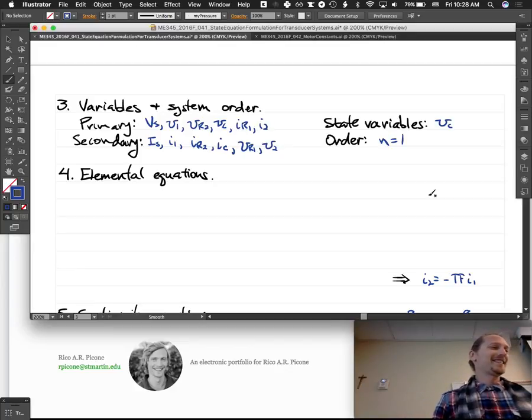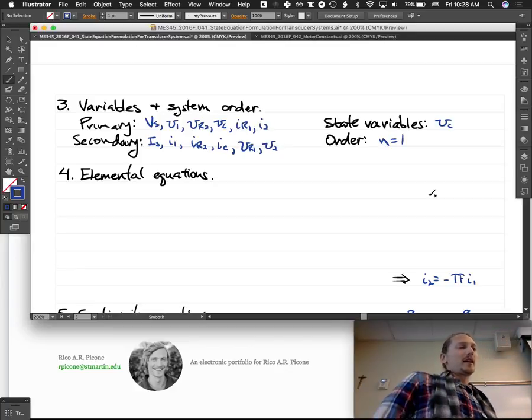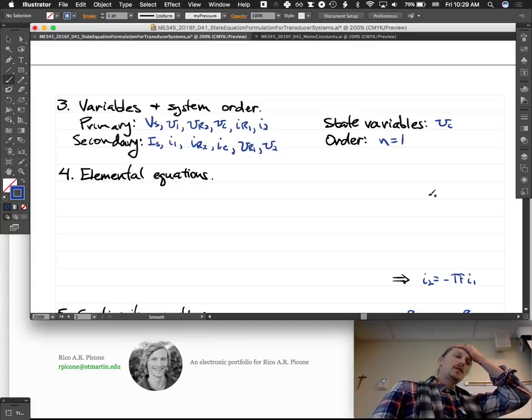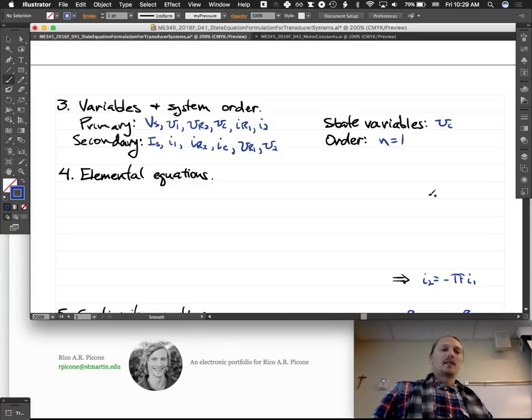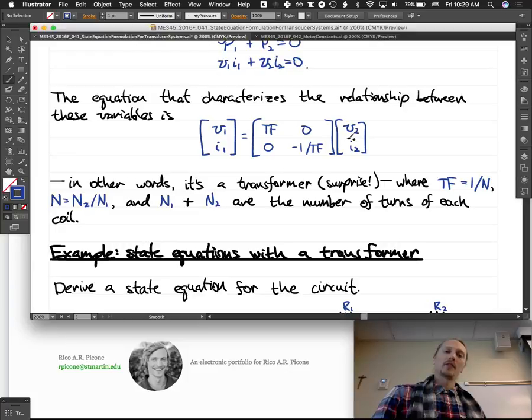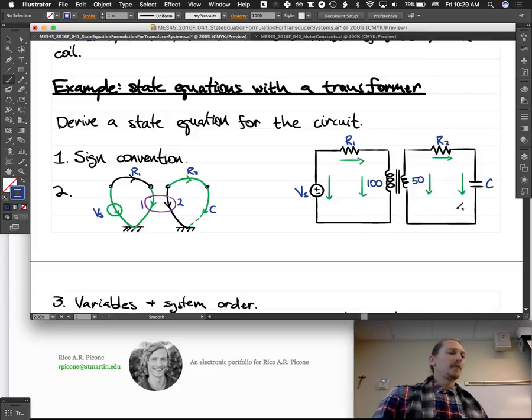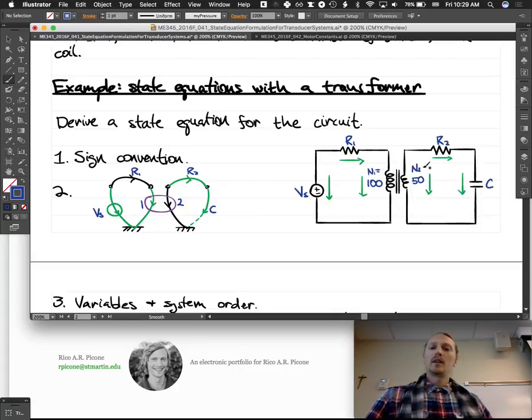Okay. So the elemental equations. We're just going to define what TF is. TF is a transformer ratio. We know it's a transformer, we already went through that discussion. We know its transformer ratio is 1 over n. Here I wrote 100 and 50 over here. So that means n1 is equal to 100 and n2 is equal to 50.